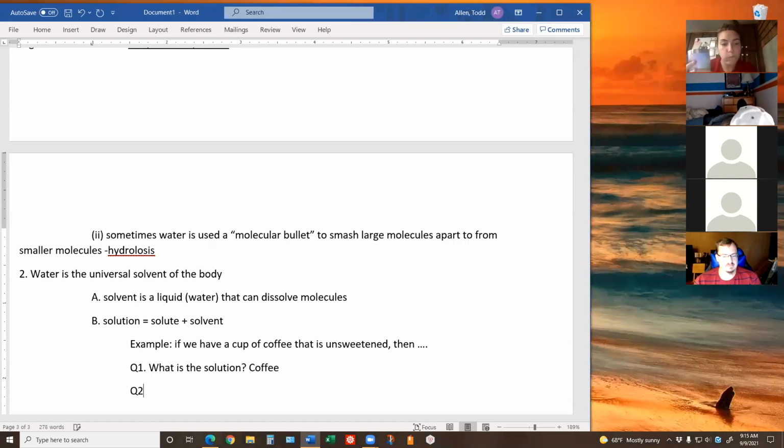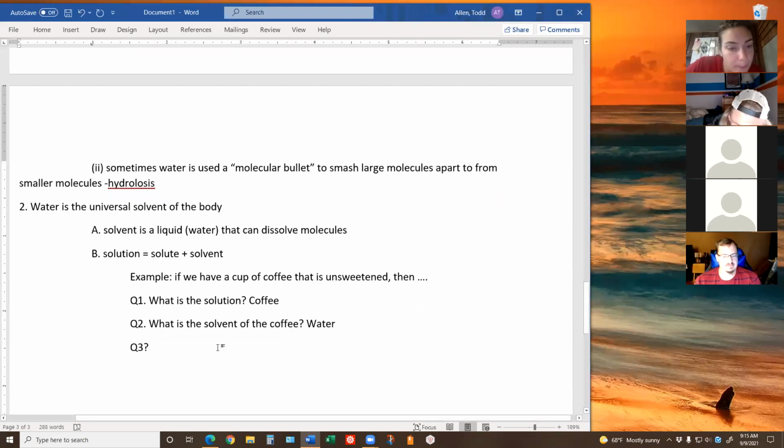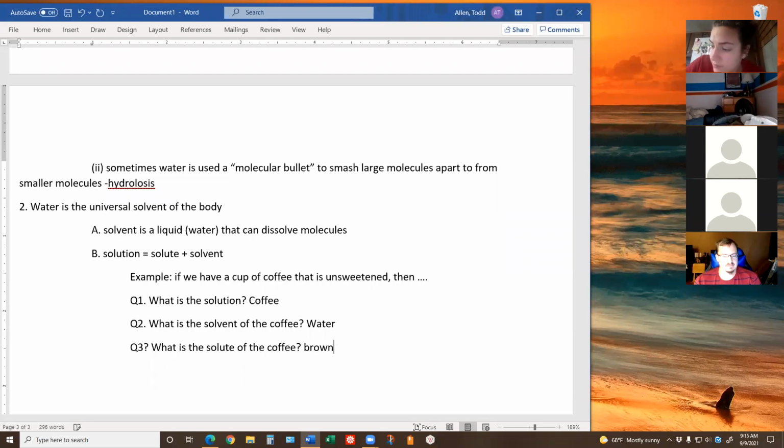Question two, what is the solvent of the coffee? Well, that would be the water. Question three, sorry, I'm going fast, but I know our time is up. Question three, what is the solute of the coffee? Well, it would be the brown pigment molecules from the coffee beans that makes the coffee a dark color.